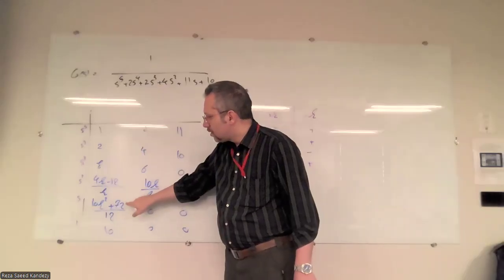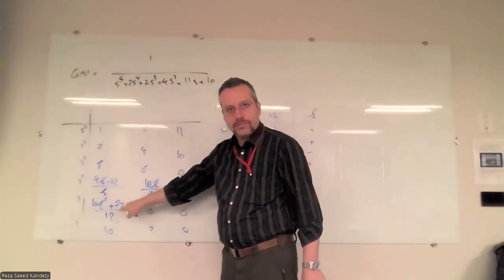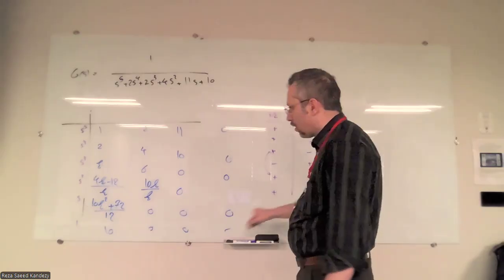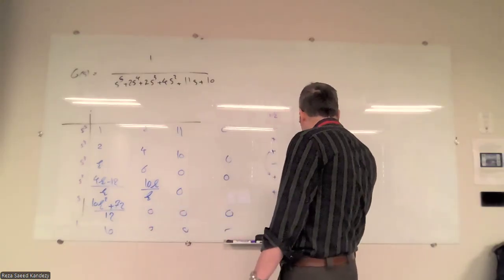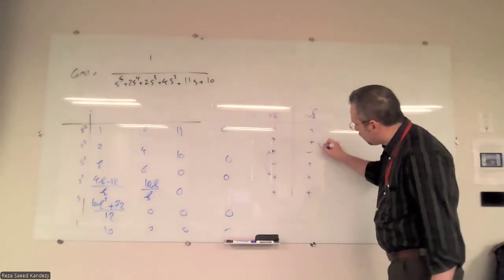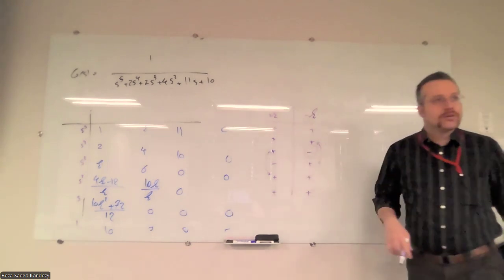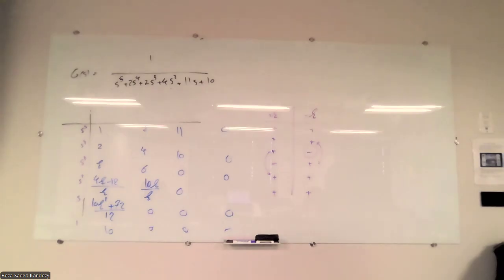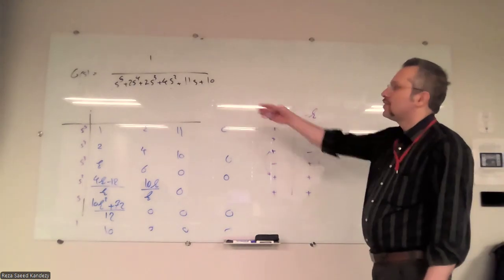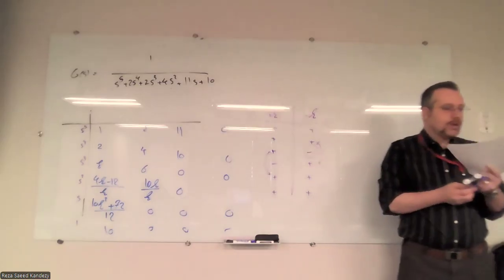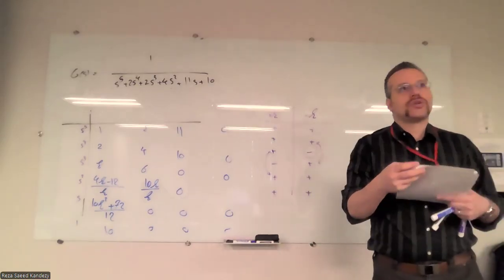This one is 72 over 12, positive. And the last one is also a 10, so it's positive. Again, we have a change of polarity here. So no matter what polarity we consider for epsilon, this system is going to be unstable. Any question?